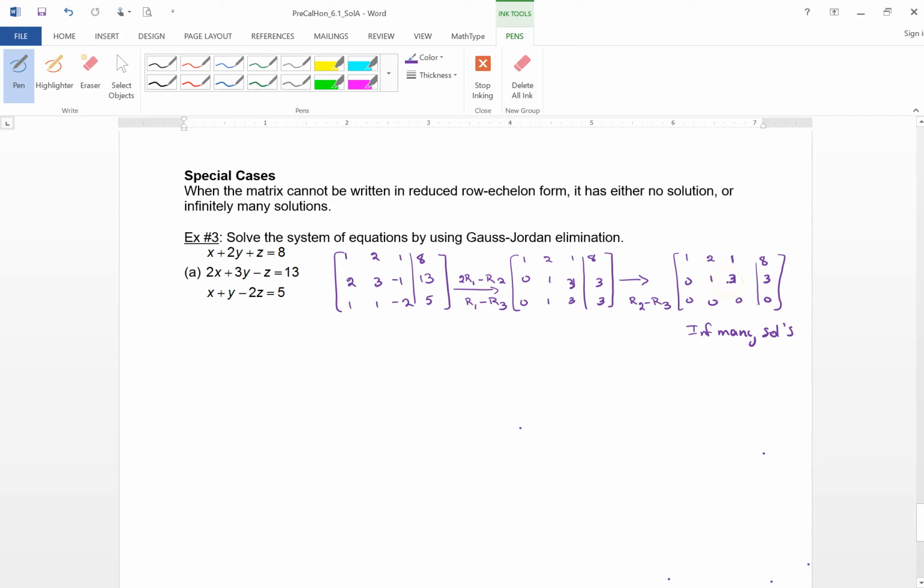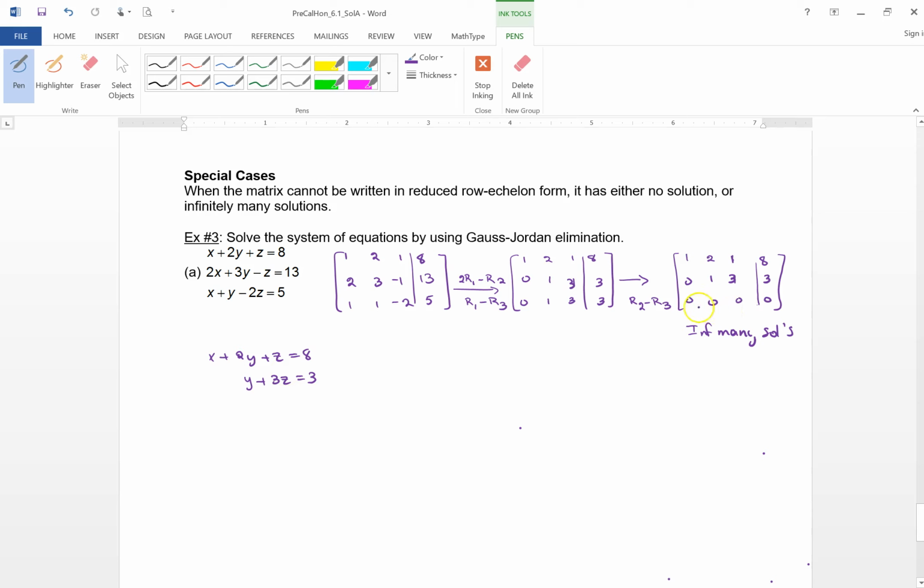What you have now is this. x plus 2y plus z is equal to 8. And you have y plus 3z is equal to 3. But you don't have any information for z.